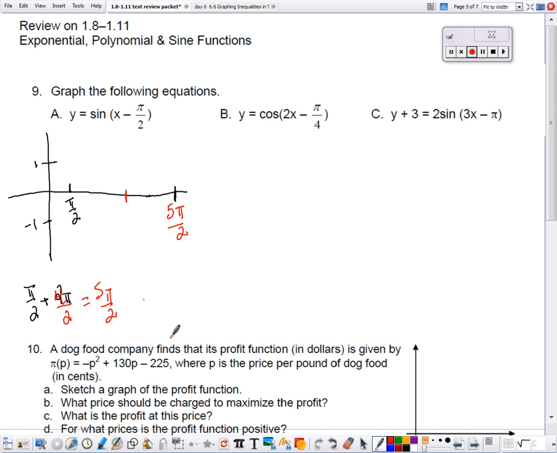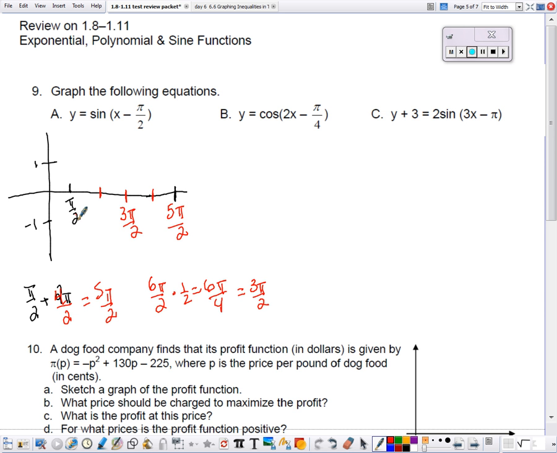Then I need the midpoint. The midpoint is if you add these and divide by 2, so that would be 6 pi over 2 times a half, so 6 pi over 4, which is 3 pi over 2. And I need the halfway marks again.